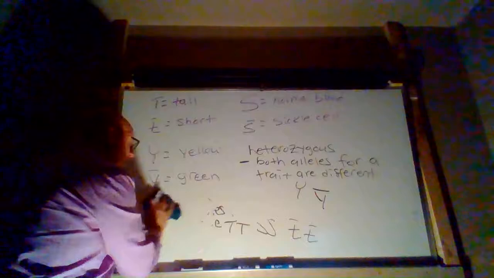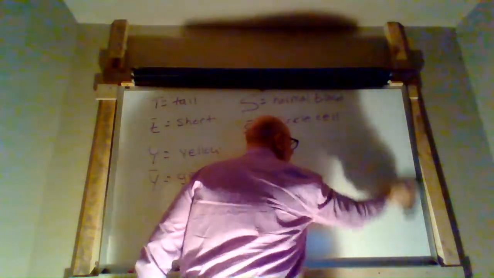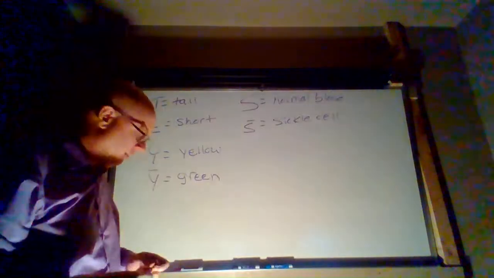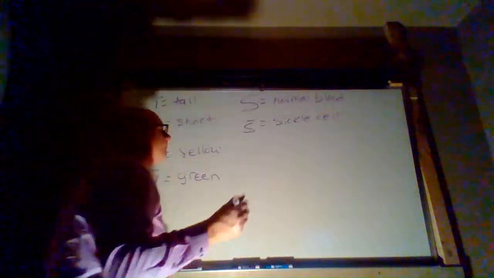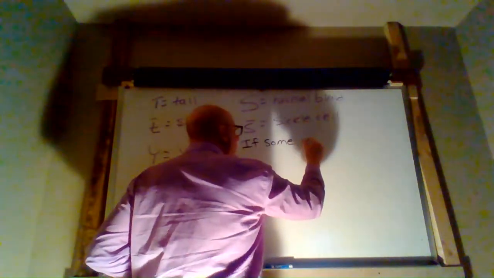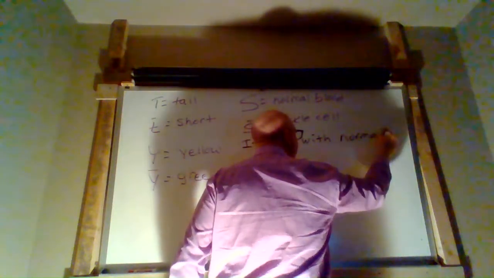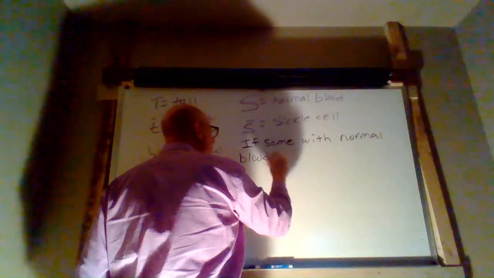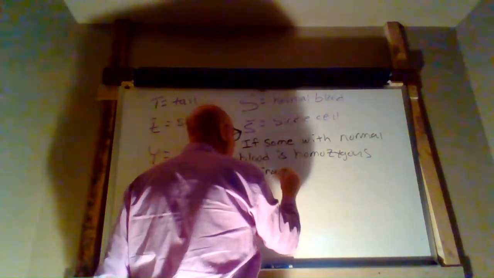Okay, let's just do an example one. I think that would perhaps make the most sense in something that we've talked about before, is when someone's a carrier. And what we mean by that is, and I can use black color, okay, here's someone with normal blood who is homozygous dominant for their blood type.